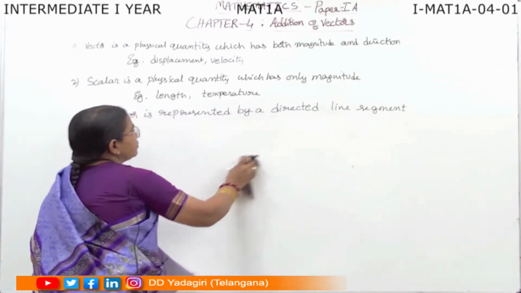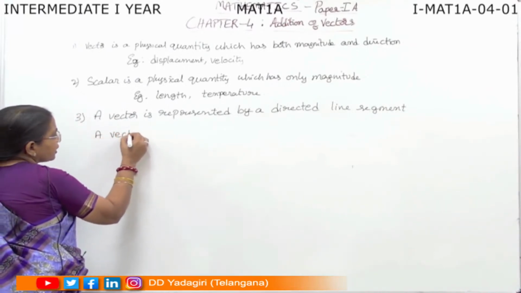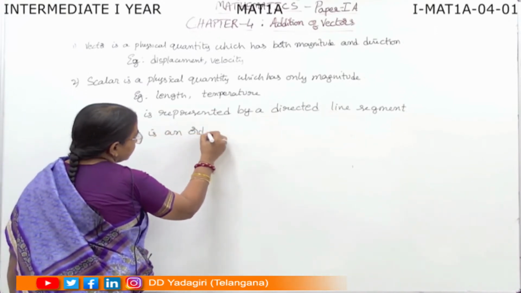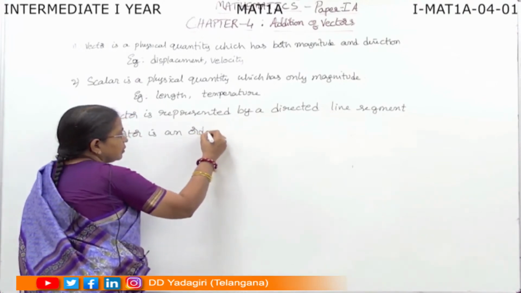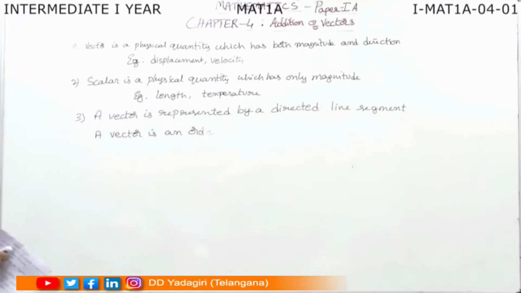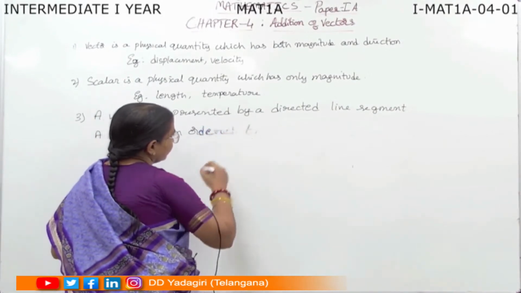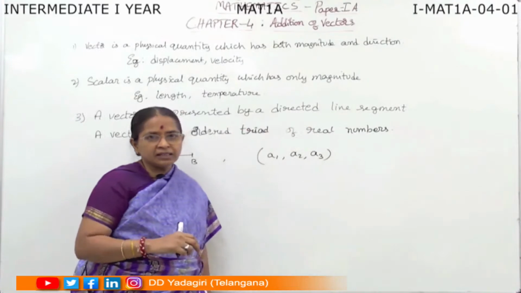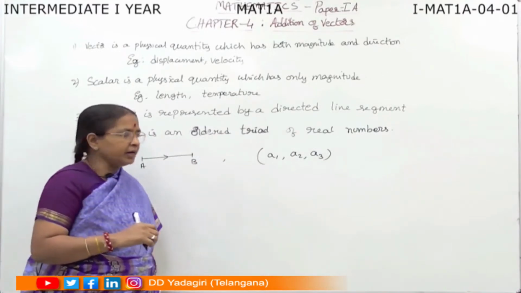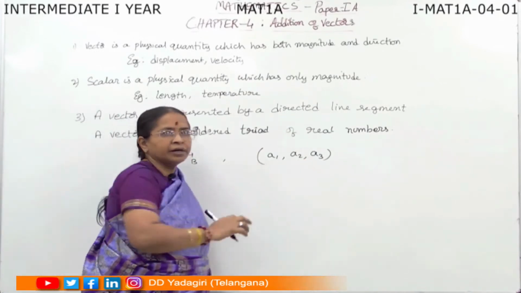We also represent it mathematically as an ordered triad: a vector is an ordered triad of real numbers. So you can denote a vector by a directed line segment like this or by an ordered triad.